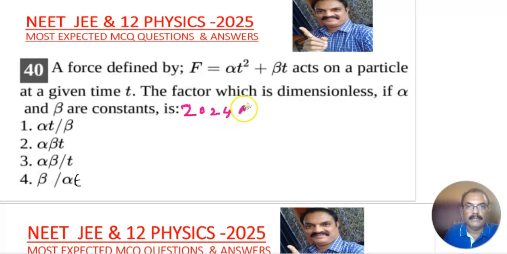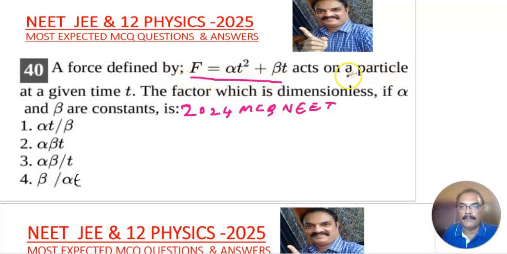The question says force is given by an expression acting on a particle at a given time t. We need to find which factor among the four options is a dimensionless quantity. So here is a very complicated question.